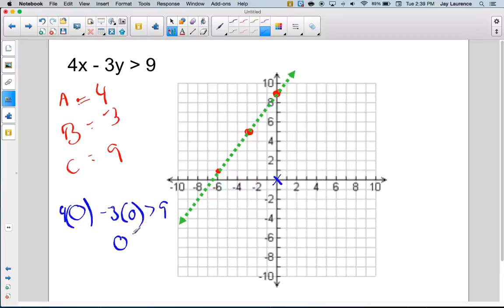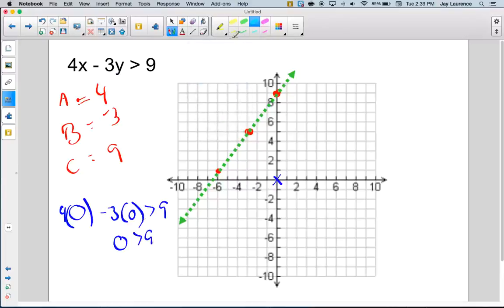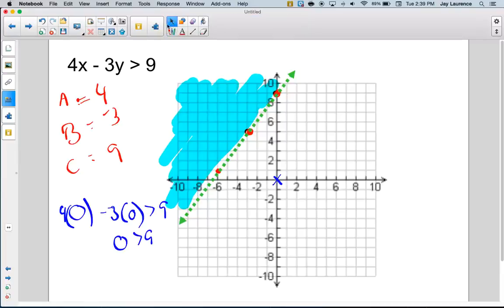Well, the left-hand side is 0, and 0 is greater than 9 is a false statement, and so therefore I will not shade that side of the line. I will shade the other side. And there you go. That's it. You just learned how to graph inequalities.